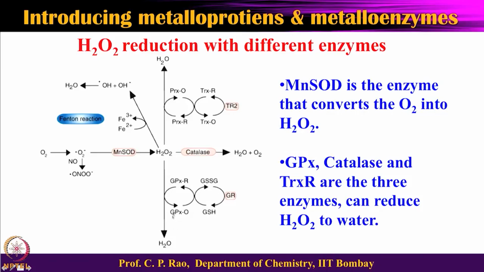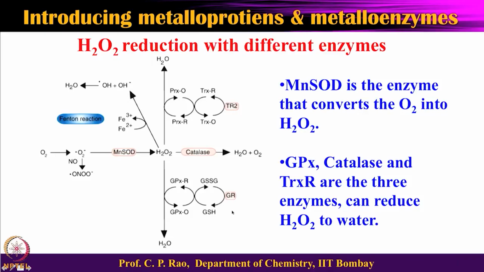The oxidized GPX is brought back to the reduced one by using the GSH to GSSG cycle. So, the GSH to GSSG cycle will bring the oxidized glutathione peroxidase back to the reduced form. That means the cycle can work when it couples with GSH.